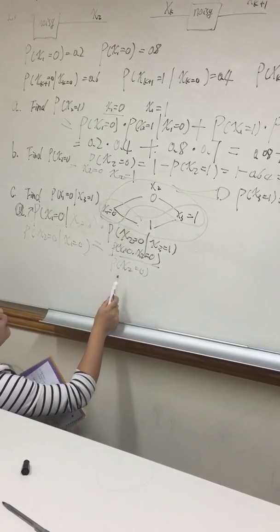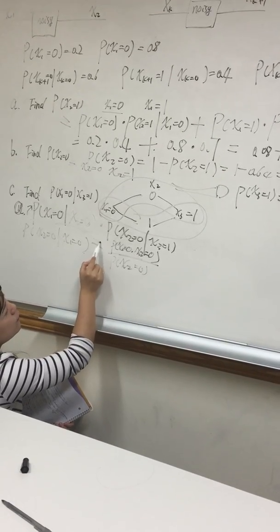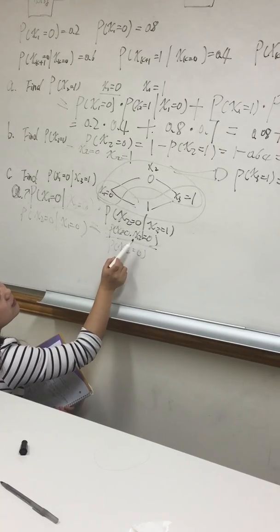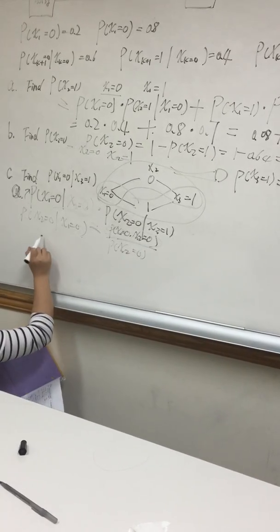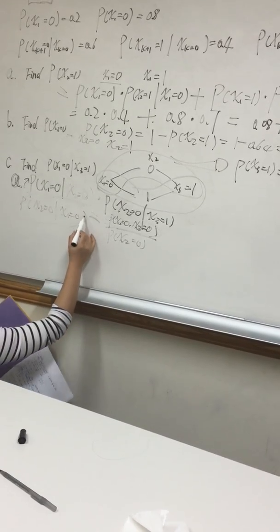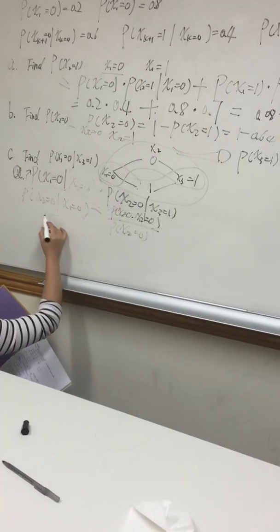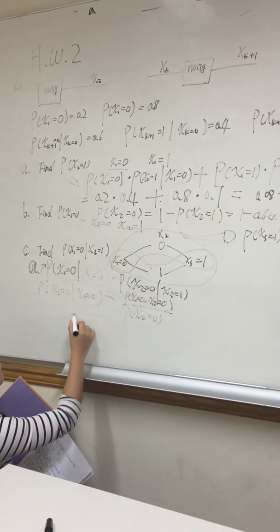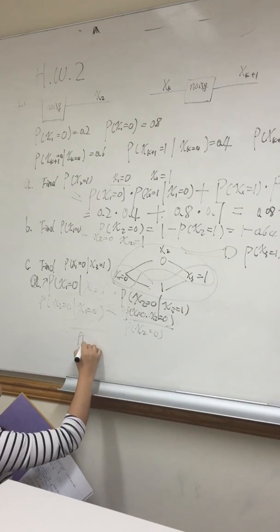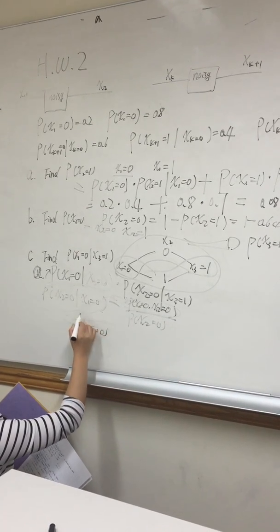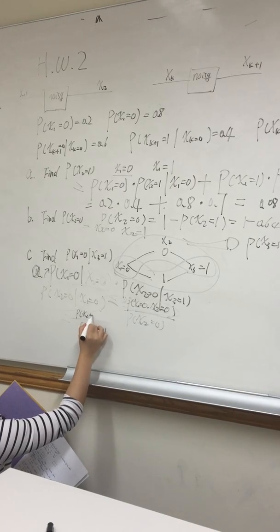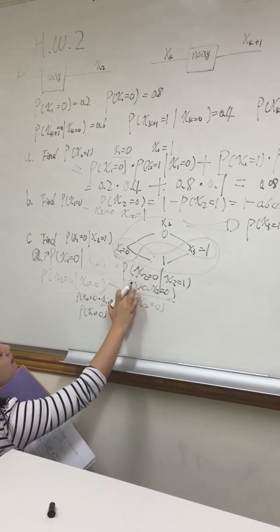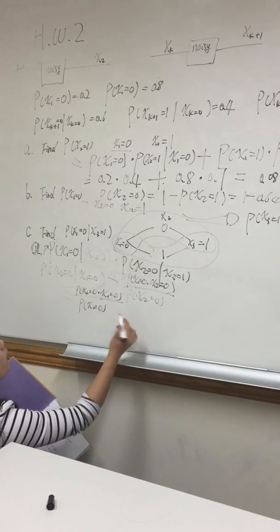If we want to solve this function, we have to know this one, and we can know from this function's answer, because it equals the probability x1 equals 0 and the probability x2 equals 0 together. We can find that these two are the same.